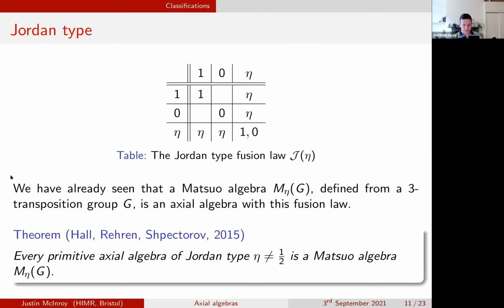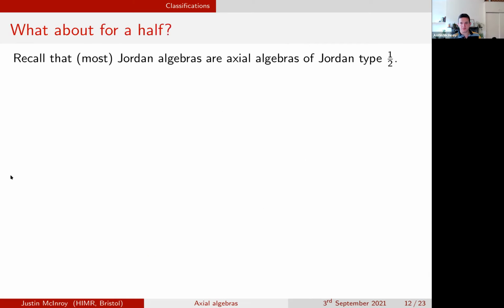Okay, but what about the case where eta is a half? If you'll remember, in the first lecture, I said that most Jordan algebras, and this most here means exactly those Jordan algebras which are generated by their idempotents, are axial algebras of Jordan type a half.